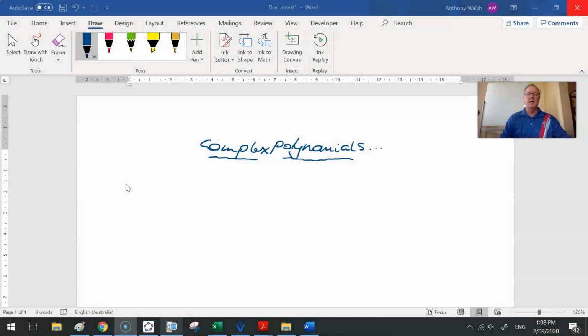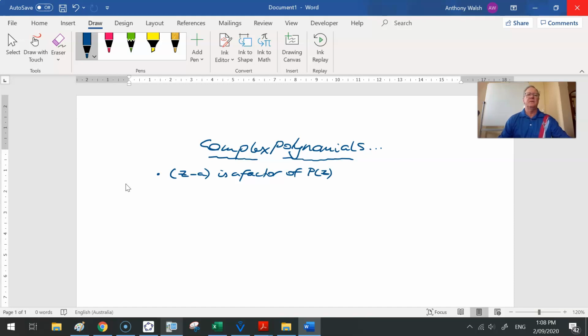Okay guys, just to finish our talk about complex numbers, let's talk about complex polynomials, which we didn't get to in class today. But remember a couple of things about polynomials in general. If z minus a, using z as the variable, is a factor, which means that it will divide into some sort of polynomial with respect to z.